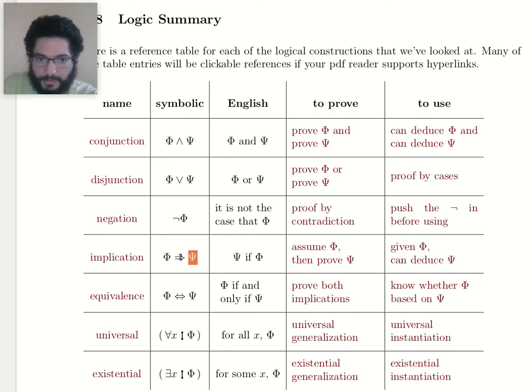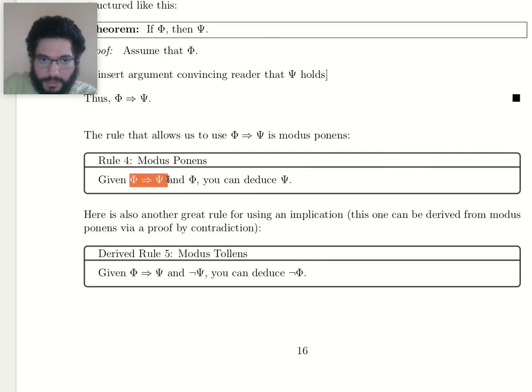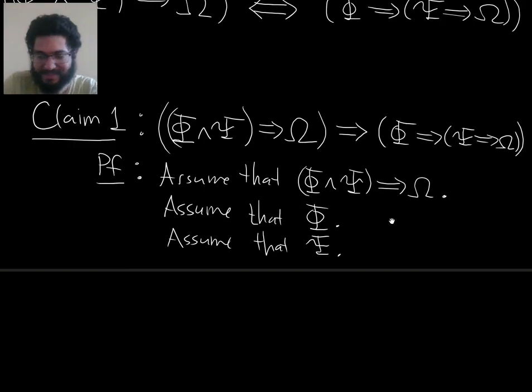To make use of an implication, I need not only the implication, but I need to know that the hypothesis is true. Then I can use it to conclude the conclusion. So if I want to use this, then I need to know that phi and psi is true. Do I know that phi and psi is true? Well, I know that phi is true, and I know that psi is true. So then I do know that phi and psi is true.